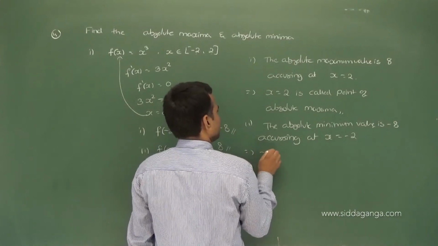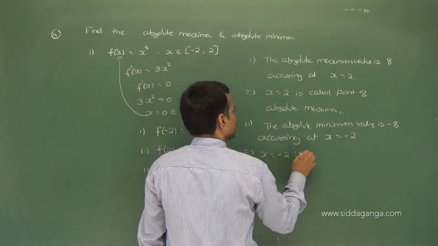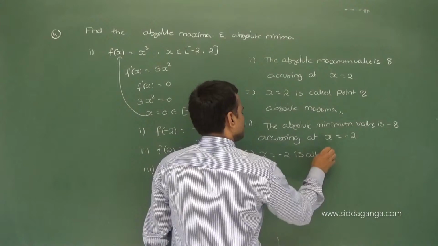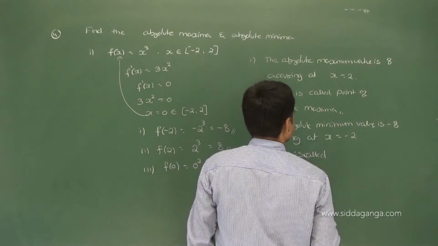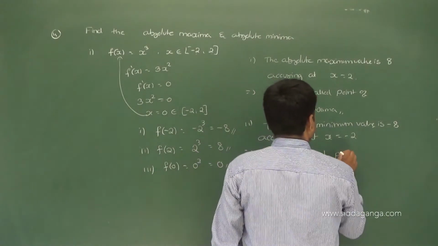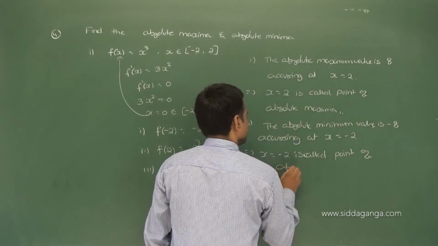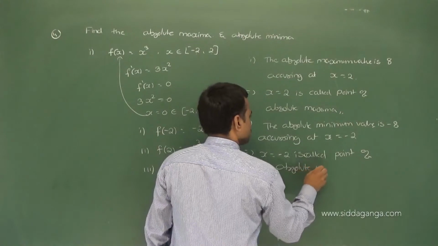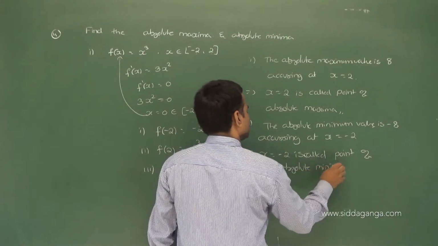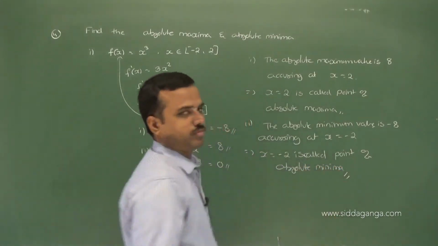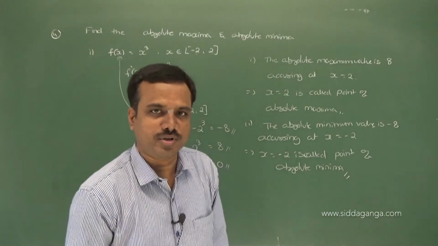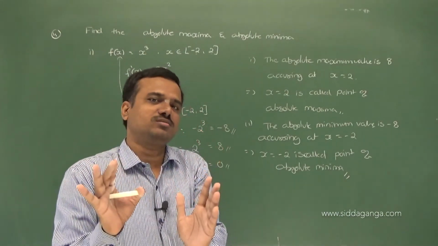That implies x is equal to minus 2 is called the point of absolute minima. This is the procedure.